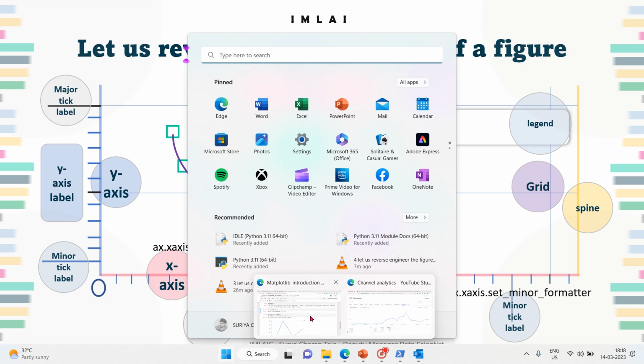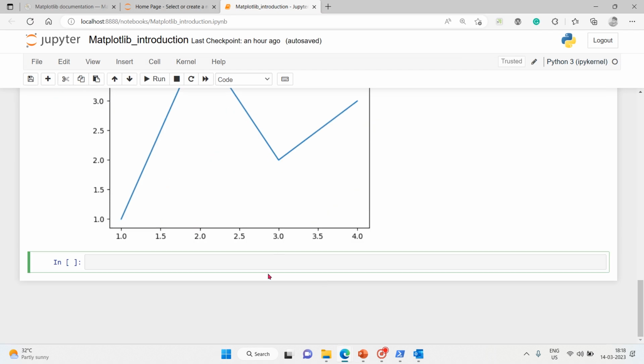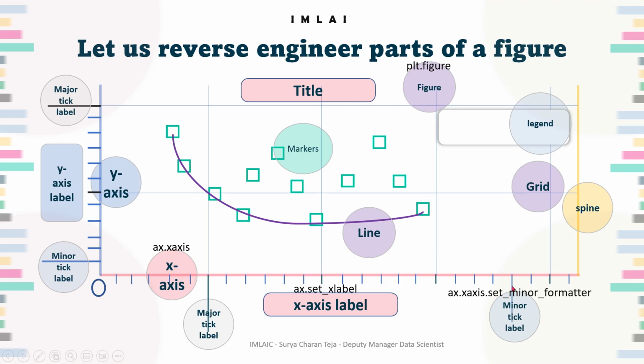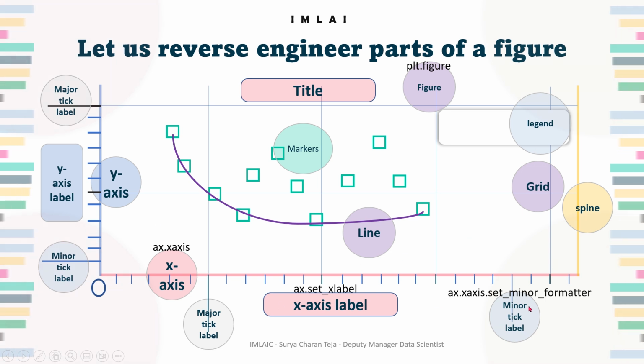We are not going to execute anything, but let's explore. ax dot x-axis dot, you see that the x-axis will have major ticks and minor ticks. Either you can go for the minor ticks or major ticks, or major tick labels. All that information, like set minor formatter, you can directly find out, but these are specific to the x-axis module.